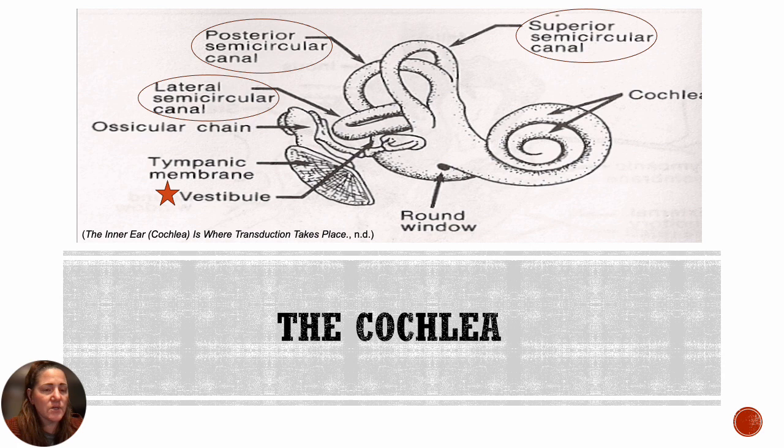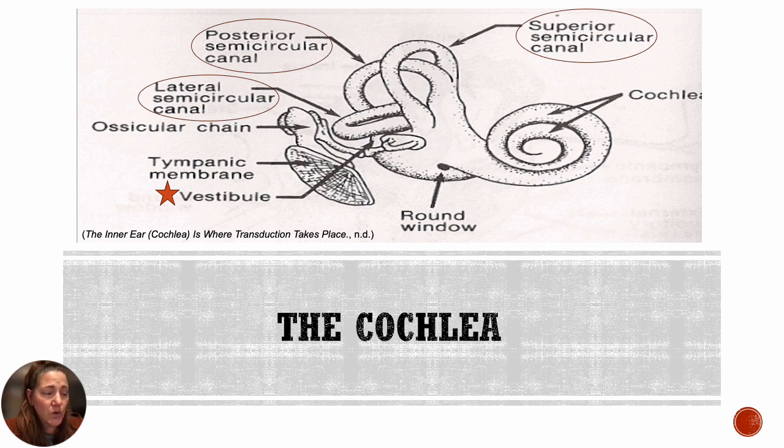This is the ability to spin on an axis, like that of a fan, and somewhat maintain our balance. The vestibular portion, which is noted here with a star, is located right in this region. This is responsible for containing the utricle and the saccule, which allow for us to have our forward and backward motion and our up and down motion and maintaining balance.